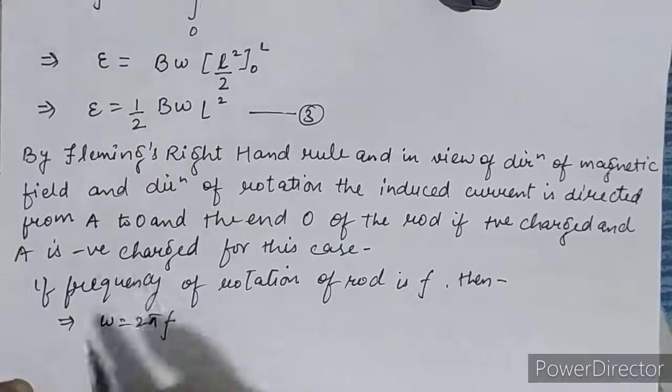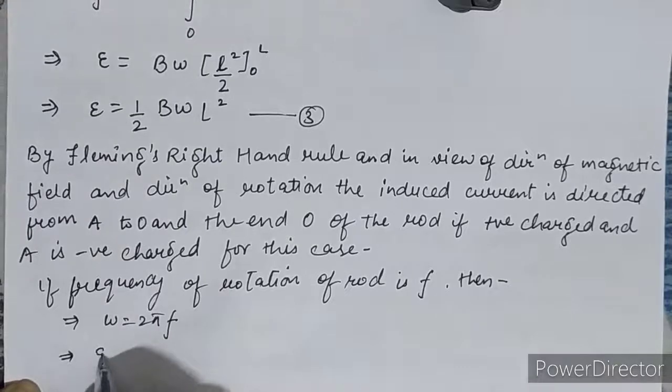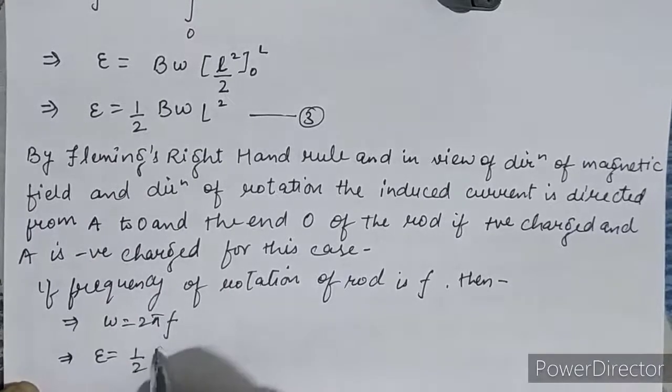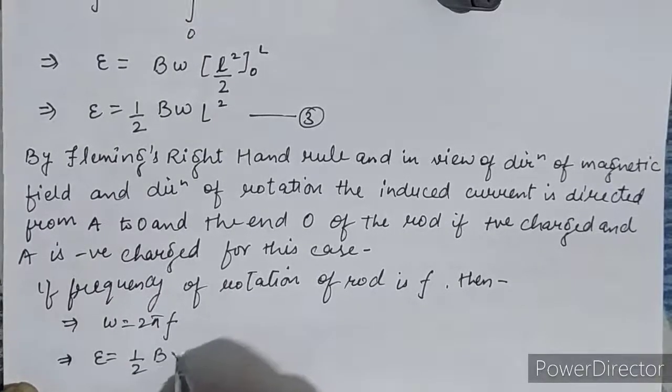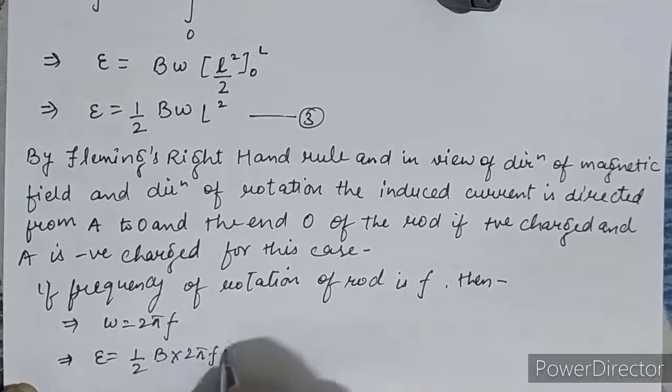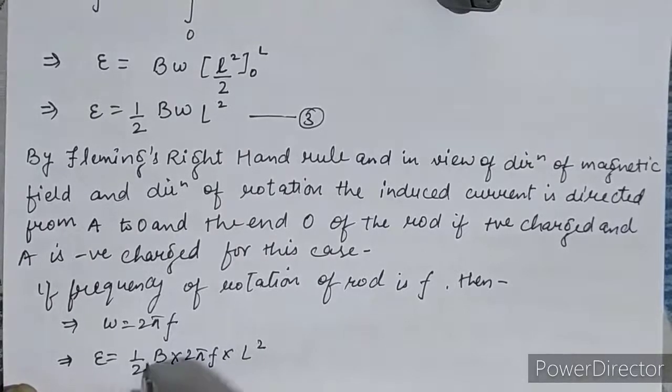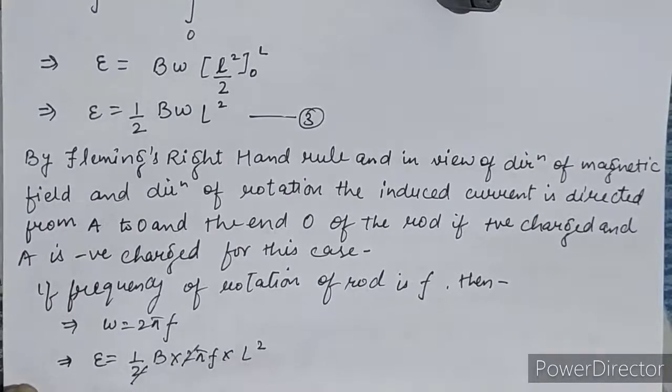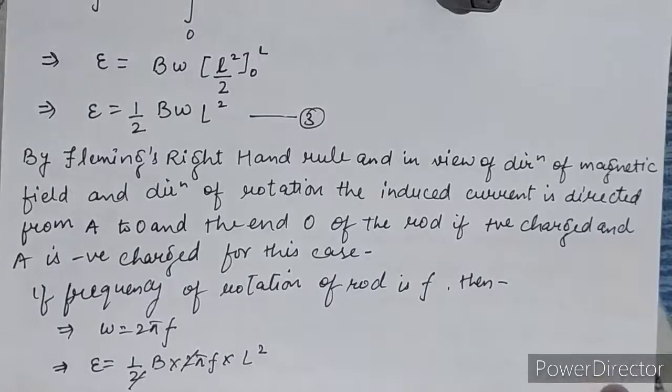Okay, so the equation will become E is equal to half B into 2 pi F into L square. So 2 and 2 have been cancelled out.